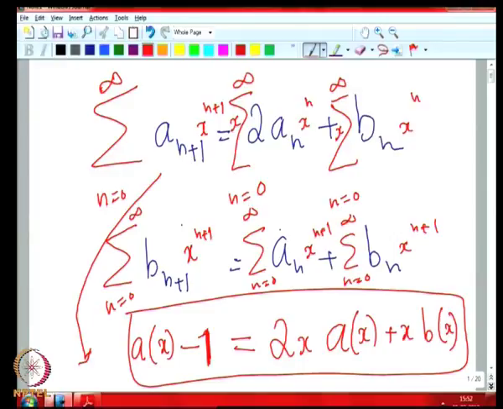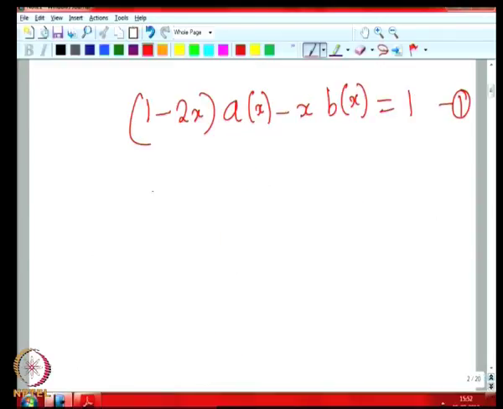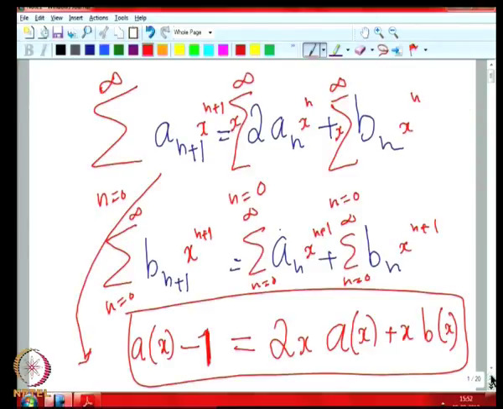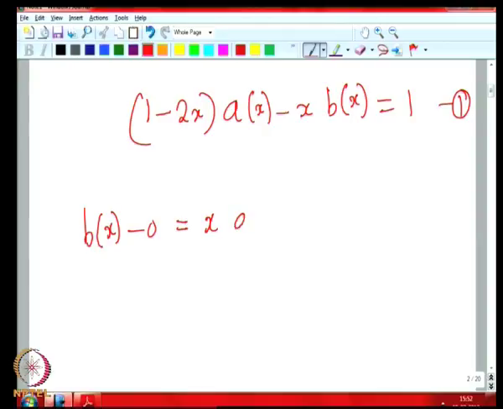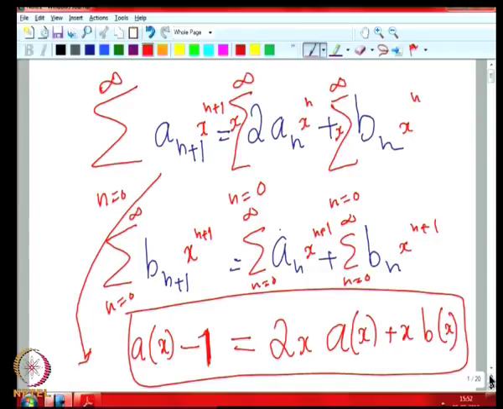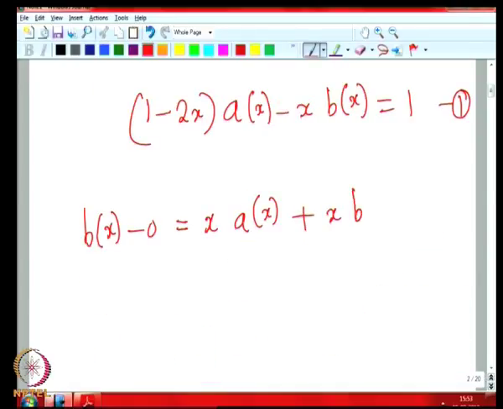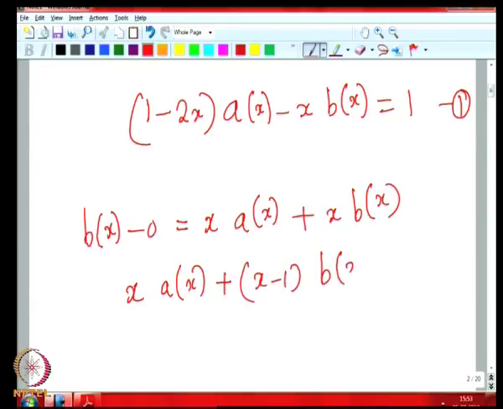Because now this is B of x minus b0, and b0 was equal to 0, therefore this is just 0. Then here we can take x out, and that makes x times A of x plus x times B of x. Now, we can rearrange. So, we get x times A of x plus (x minus 1) times B of x equal to 0. This is the second equation.